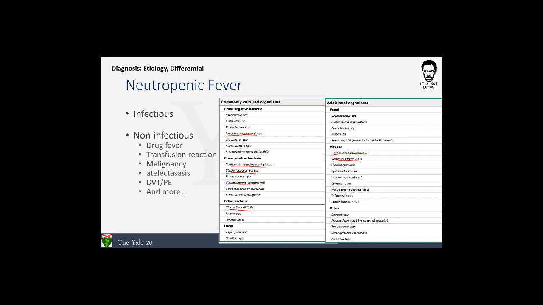And then finally, the last thing to consider is fungus. They're rarely identified as the cause of initial fever in neutropenia, but most commonly they're identified when you have persistent or recurrent fever beyond the first week. The big ones to consider for these are Aspergillus and Candida.